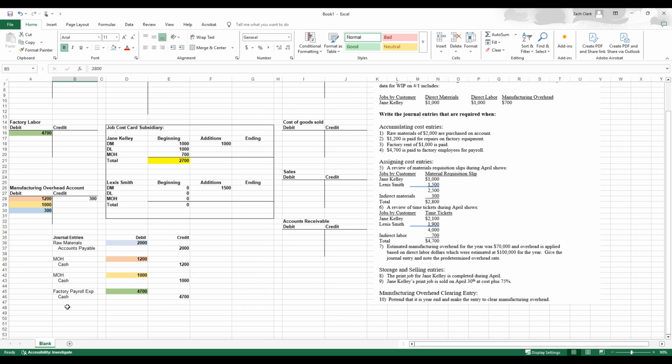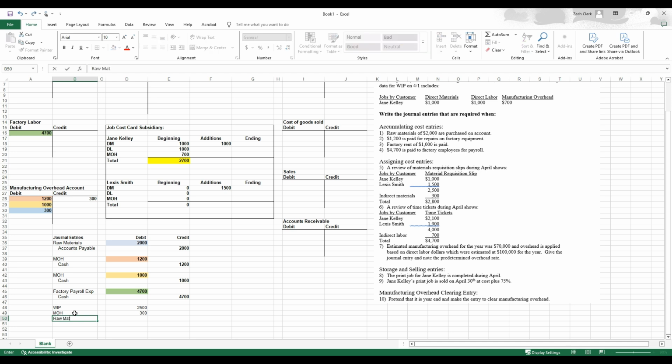And then let's do the journal entry. Actually, that might be helpful to see. So we have manufacturing overhead. Oh, sorry, I don't want to do that one first. I want to do, we have WIP, a total of 2,500. And we have manufacturing overhead for 300.